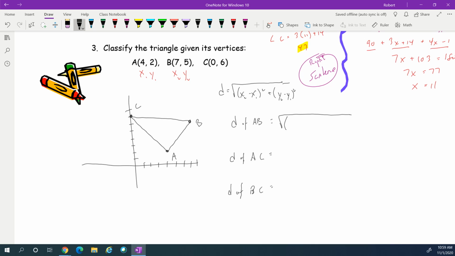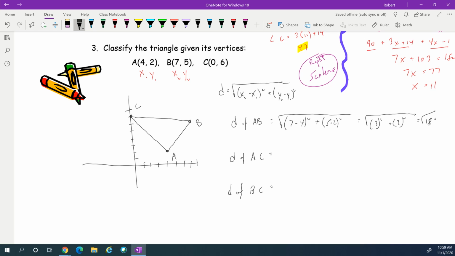So x2 minus x1, 7 minus 4 squared. y2 minus y1, that's a 5 minus 2 squared. That gives me a 3 squared plus a 3 squared, or square root 18.